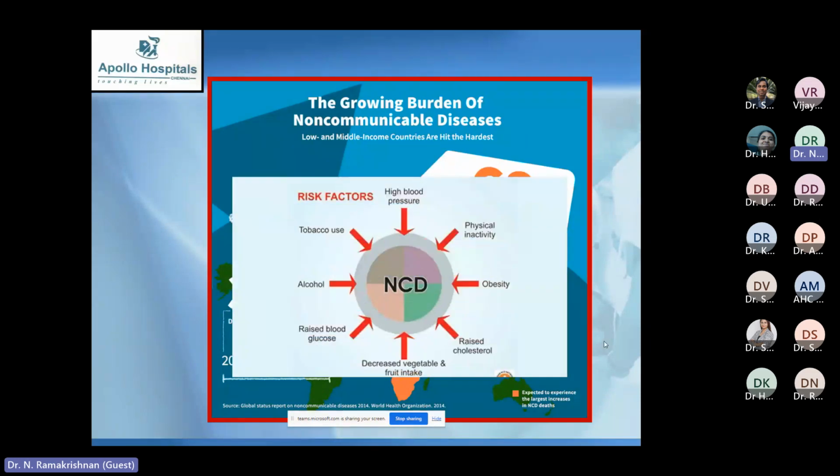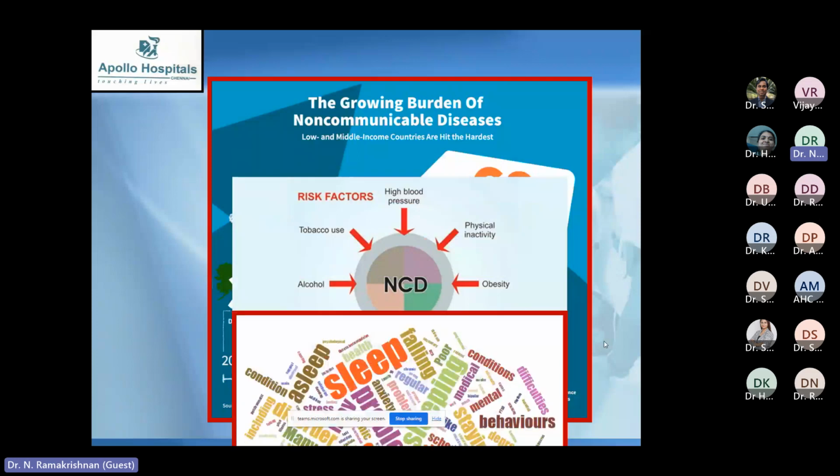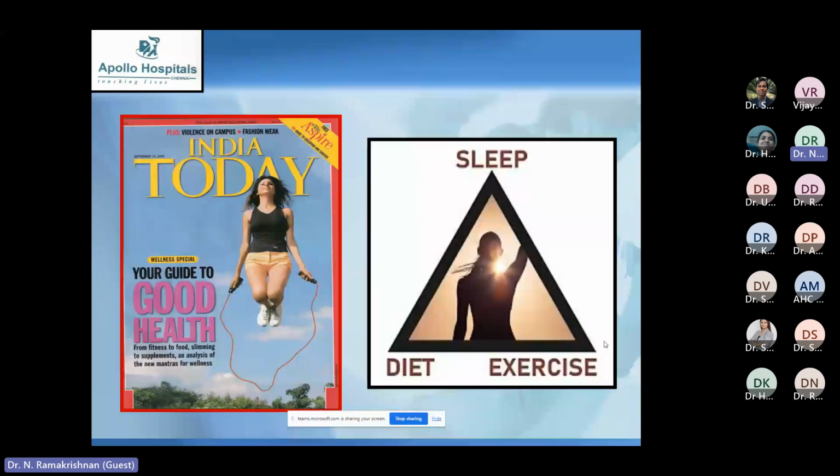When we think of non-communicable diseases, we often think about obesity, hypertension, diabetes, heart disease, hyperlipidemia or dyslipidemia, and cancer. But we forget that there's something else that's probably a forgotten NCD, and those are the sleep disorders, which are probably more common than all the other NCDs that I just mentioned, and more importantly, can lead to several of those or lead to complications of several of those.